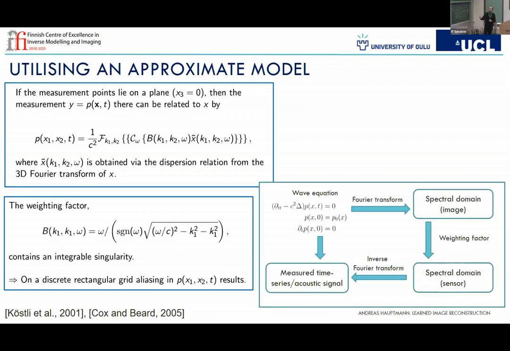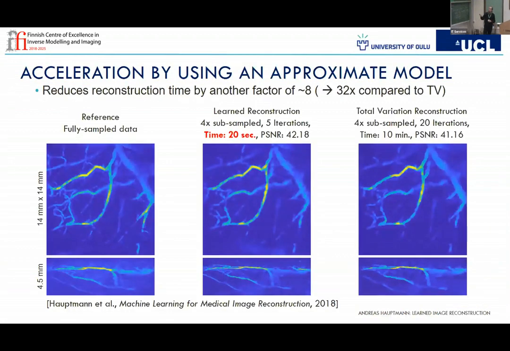So in practice we thresholded the data that causes the singularity, but then we used the FFT and ended up with some aliasing artifacts. Still, it's an approximate model which introduces artifacts, but we're able to use it. And using this relationship, instead of doing a full wave simulation, we were able to speed up, and it's 8 times faster.